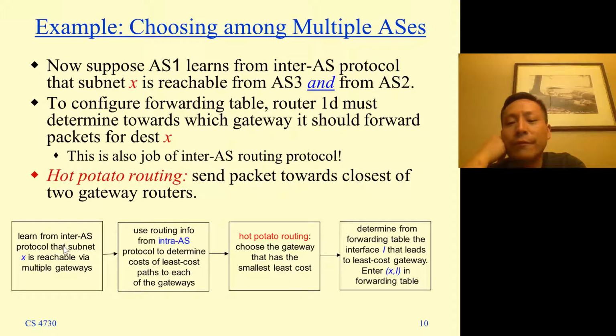You add one forwarding table entry to router 1D and install it, and then the following packets will be forwarded along that path. So this is hot potato routing. You make local optimal decisions and try to throw the packet out as soon as possible. Okay, hot potato routing is very important. That is a very good, useful concept.